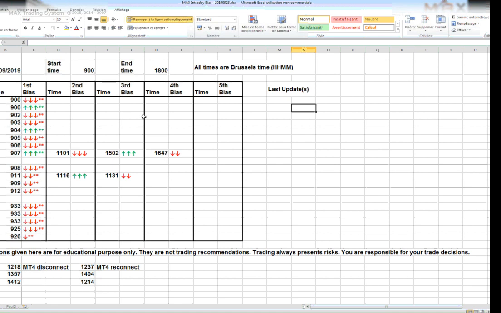Now we have 1, 2, or 3 arrows depending on the importance of the bias. A 3 arrow represents a strong context. A 1 arrow represents a weak context, so riskier trades, and a 2 arrow represents an average context, so trades we can take with a medium, average risk.